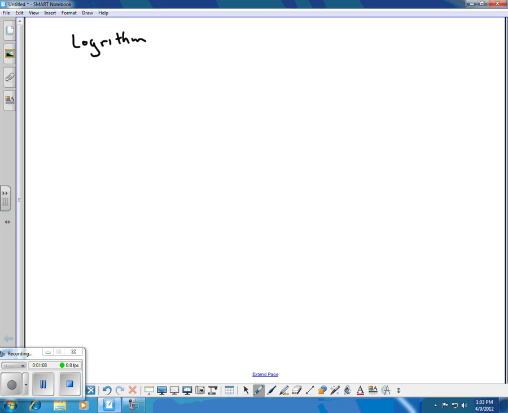But just to review, a logarithm is something you've normally associated just with math class, but a logarithm has to do with the power. So the logarithm of a number is the power to which the number 10 must be raised to equal that number.